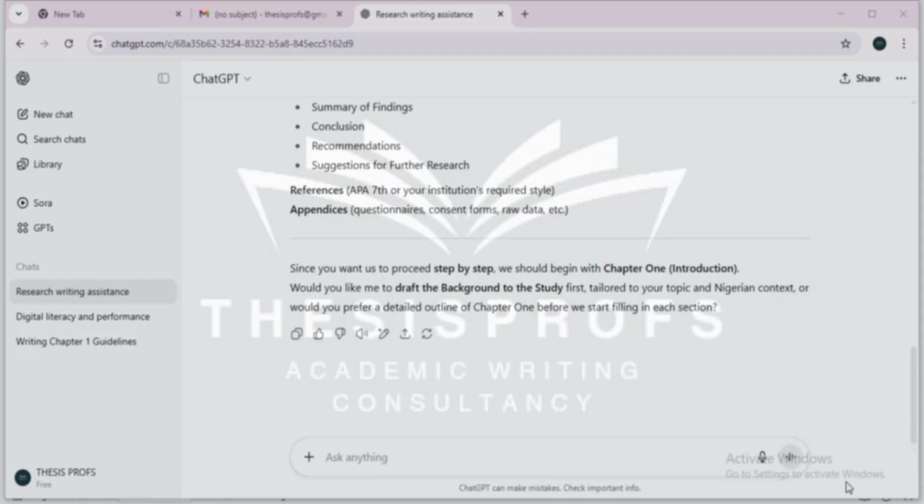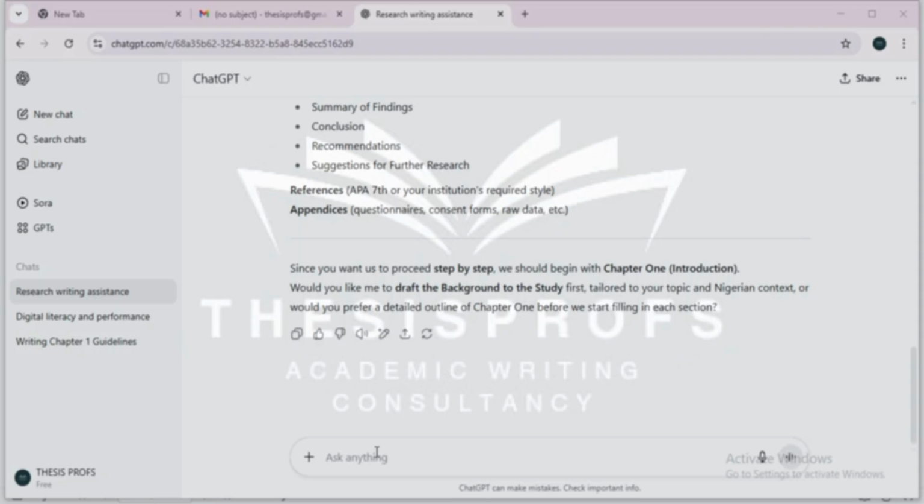You understand? You can see down here, look at where this mouse is, for your attention, it said ChatGPT can make mistakes, check important info. So for those of you who like to copy and paste, you just type one small thing, and then I'm expecting ChatGPT to give you something very large and very big, and then you just copy and then paste. That is not you being a researcher. That is you being something else.